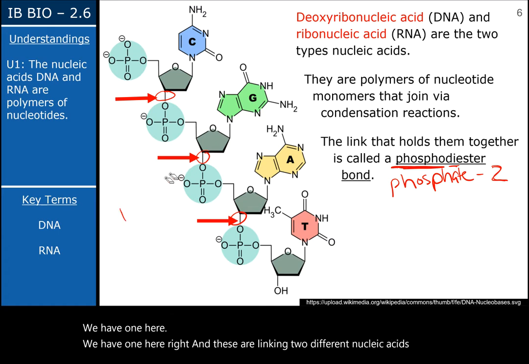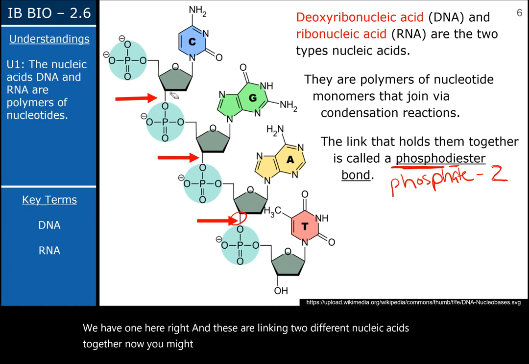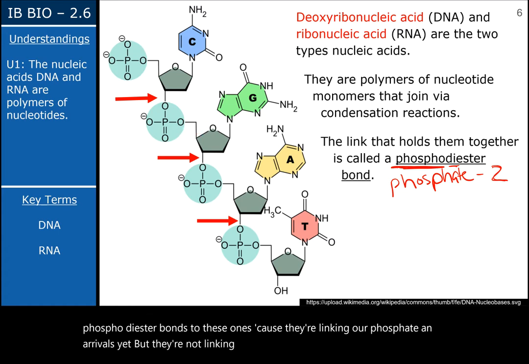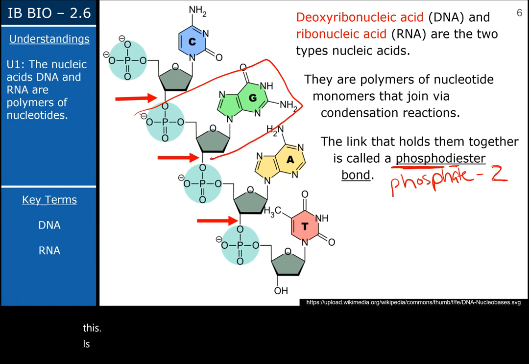Now, you might be saying, well, what about the other ones? Aren't those phosphodiester bonds too? These ones? Because they're linking a phosphate and a ribose. Yeah, but they're not linking nucleotides together because remember, this is one nucleotide, right? Phosphodiester bond 2 different nucleotides.